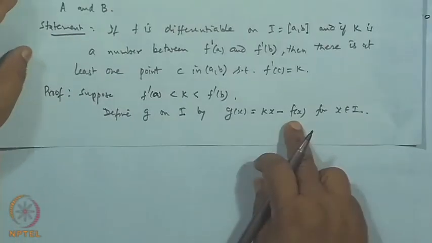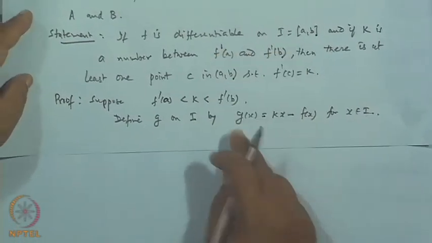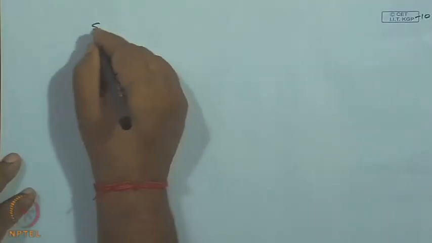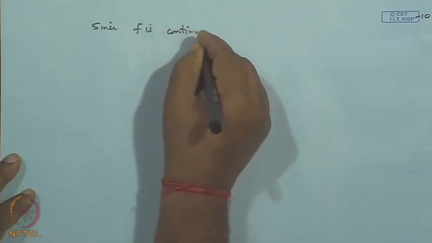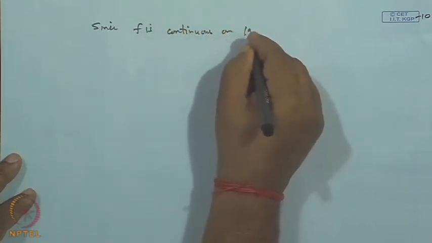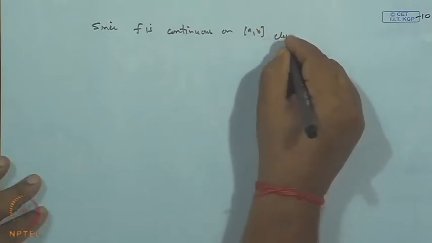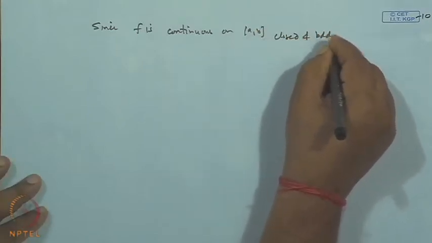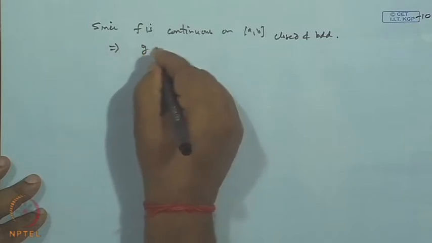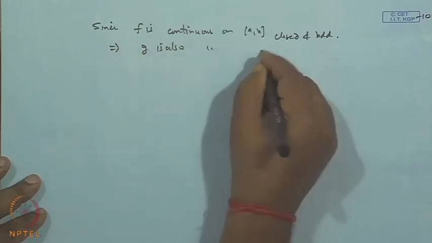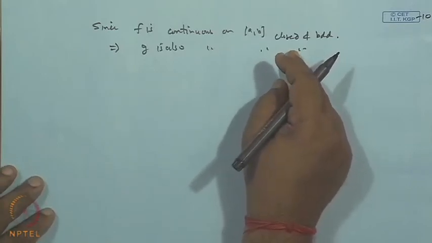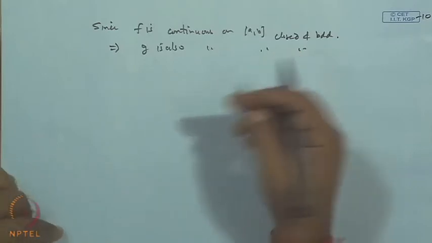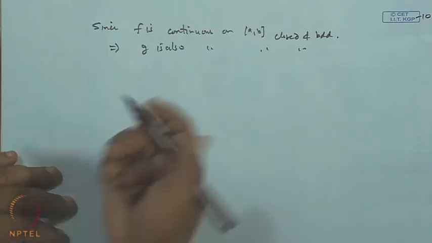Now, since function f is continuous and differentiable, g is also continuous and differentiable. Since f is continuous on the closed and bounded interval, g is also continuous on the closed and bounded interval. If it is continuous on a closed and bounded interval, then it will attain its maximum and minimum value on the interval.